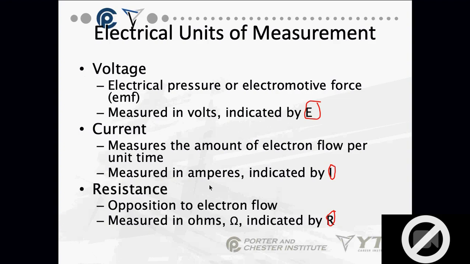Okay, resistance is an opposition to electron flow. It's measured in ohms, which uses the little Greek ohm symbol, but it's also indicated by R. I most often use R, or I type out the word ohms, because for the life of me, I can't draw that symbol. So I'm fine if you draw the symbol.